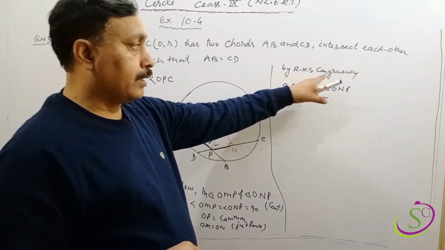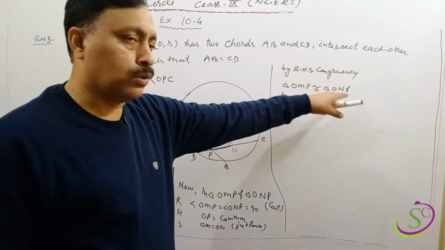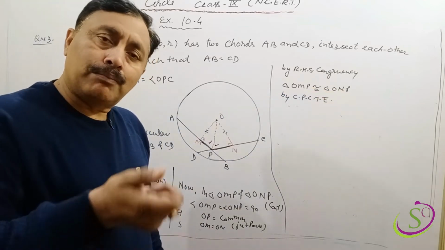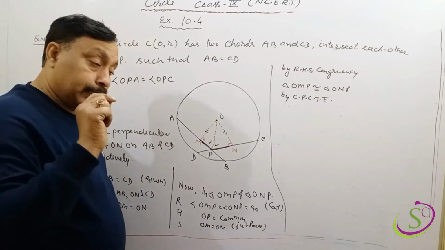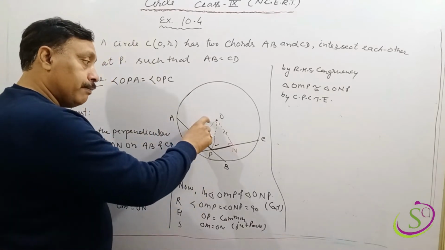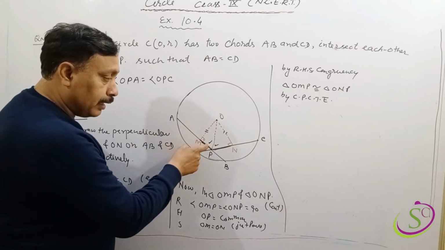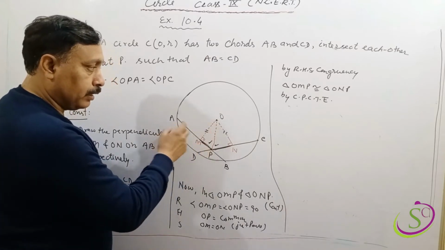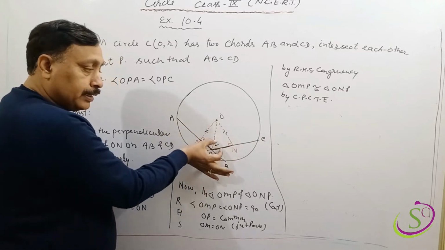So by using RHS congruency, both the triangles OMP and ONP are congruent. So by CPCT, आप देखेंगे, corresponding parts of congruent triangles are equal. Here OM and ON both are equal. So the angle opposite to OM in this triangle is OPA. OPA means this angle and this angle.